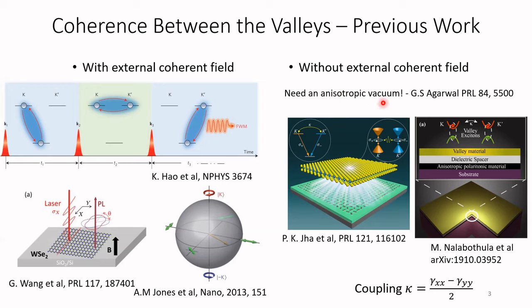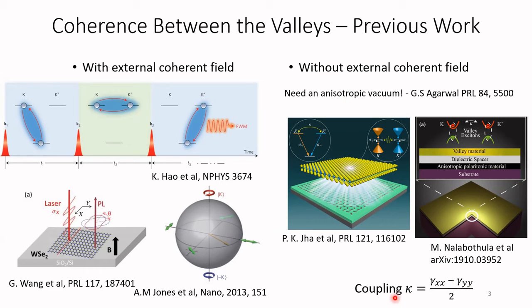Basically, in an anisotropic vacuum the radiative decay of dipoles depends on the direction the dipole is oriented in. So if I have a dipole in the x direction, its radiative rate gamma xx will be different from a dipole oriented in the y direction.